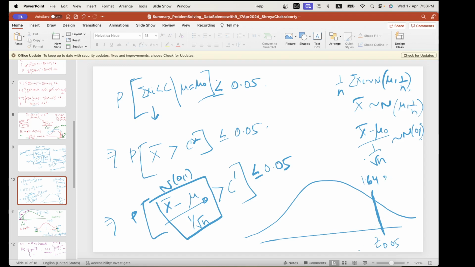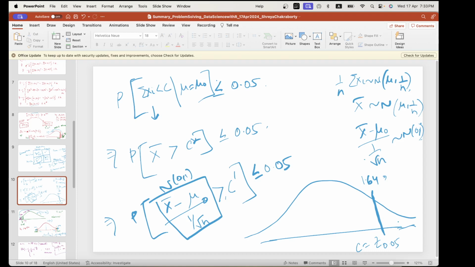So c prime is actually this point, because if this probability is greater than or equal to c prime, that will not exceed 5%, because the area above this point is actually 5%.